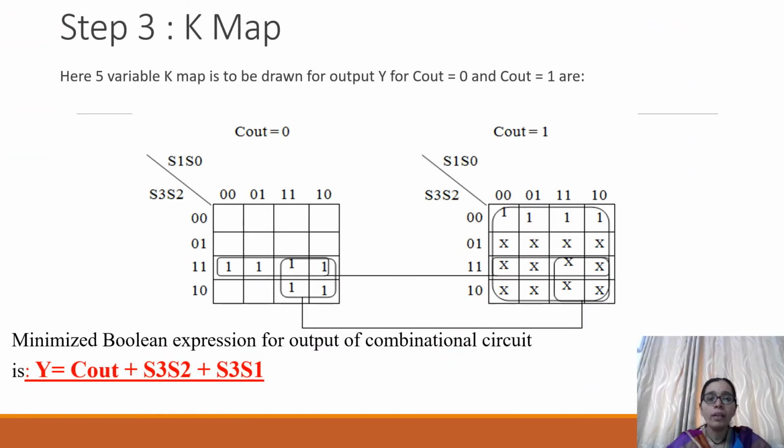So we will now draw a 5 variable K-map with S3, S2, S1, S0 and Cout. One K-map is drawn for Cout equal to 0 and one K-map is drawn for Cout equal to 1. So 0 to 15 will go here and 16 to 31 will go here.